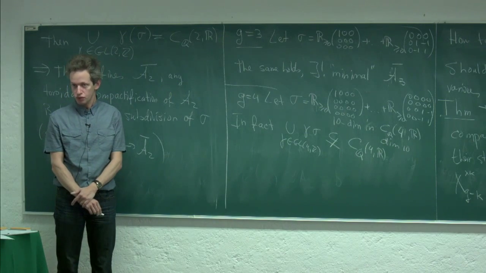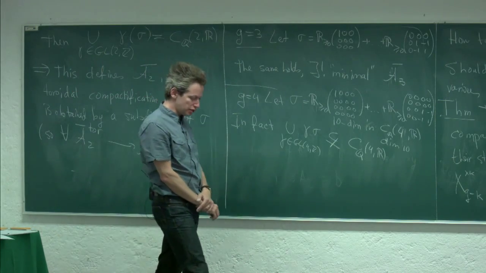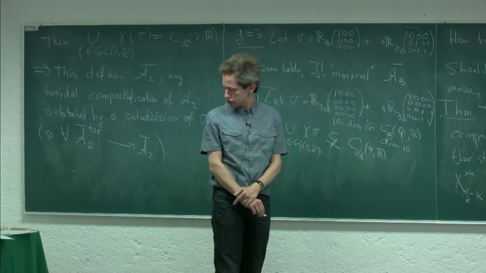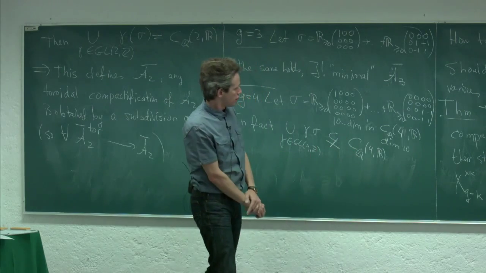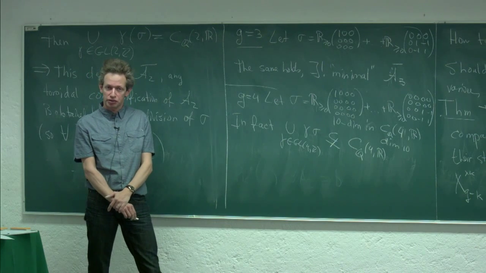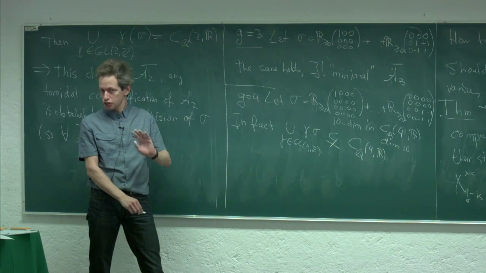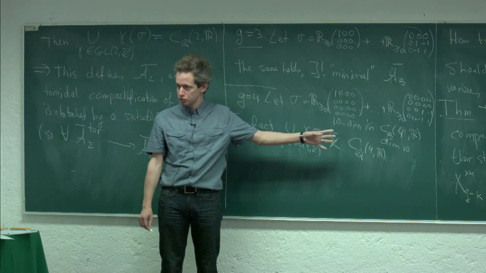Okay? So what does it say in terms of quadratic forms? It says that I can write down for you on the blackboard, and I don't have it in my notes, but I could write down. It's very simple. A 4x4 real symmetric matrix, which is actually positive definite, and the difference is a 10-dimensional thing.